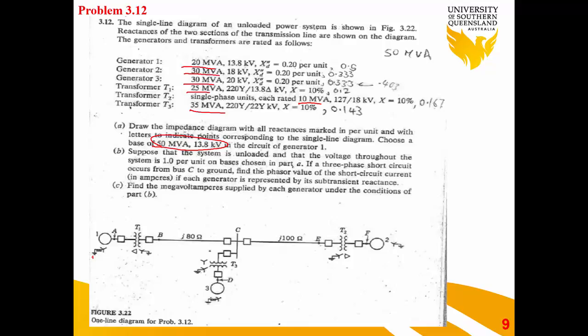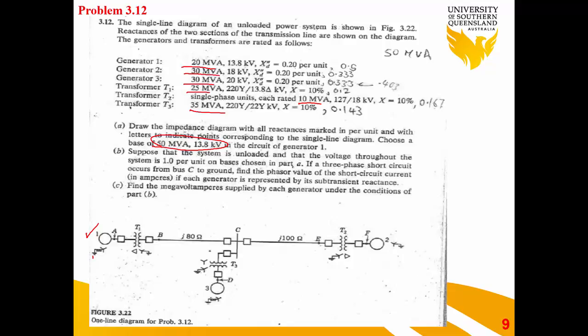First, generator G1, we consider it here. Say 50 MVA base and 13.8 kV voltage rating, but the generator is given as 20 MVA, 13.8 kV, and XD is 0.20 per unit.